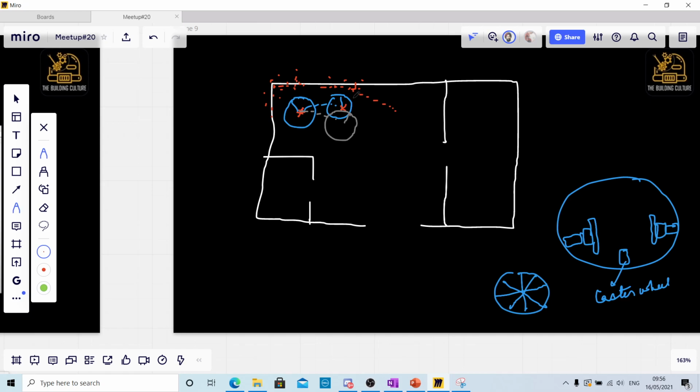So what happens is, after this, this is the new location, and after a while the ideal location maybe goes again to this particular corner.